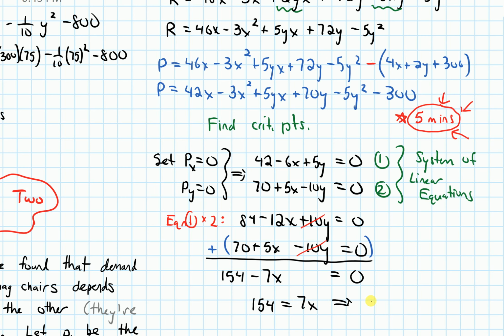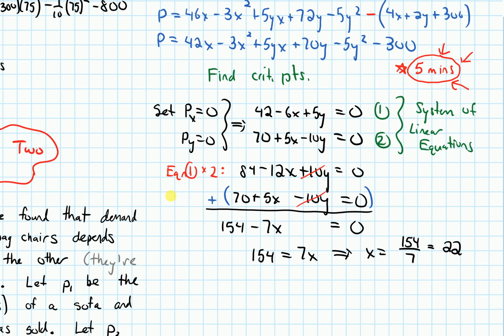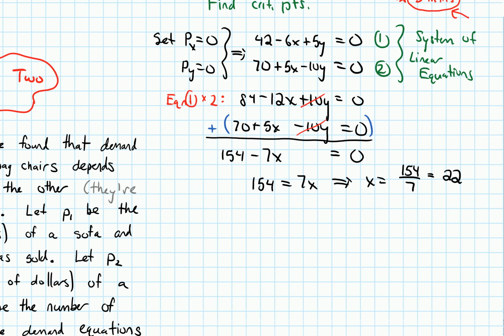And dividing by 7, we get x equals 154 over 7, which is 22. All right, so now we can take that and plug it into either equation. Plug x equals 22 into either equation to find y.